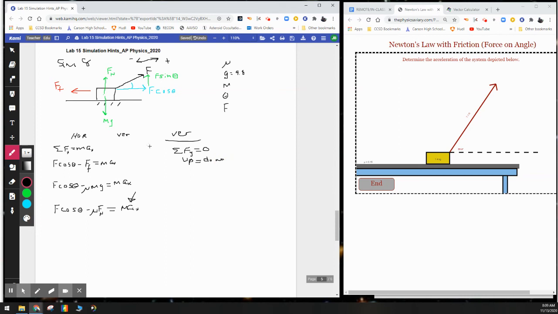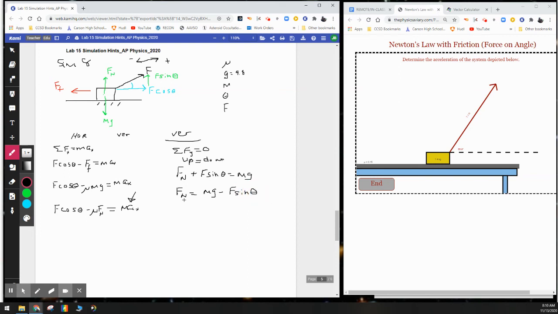The only forces going up are the normal force and F sine of theta, and that equals mg. So the normal force is going to be mg minus F sine of theta.